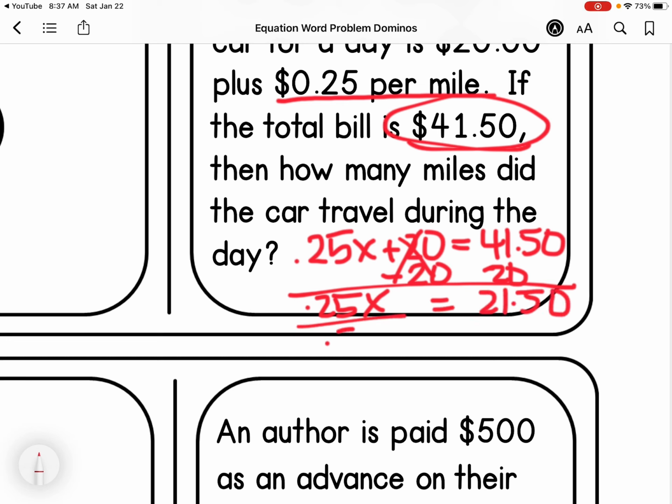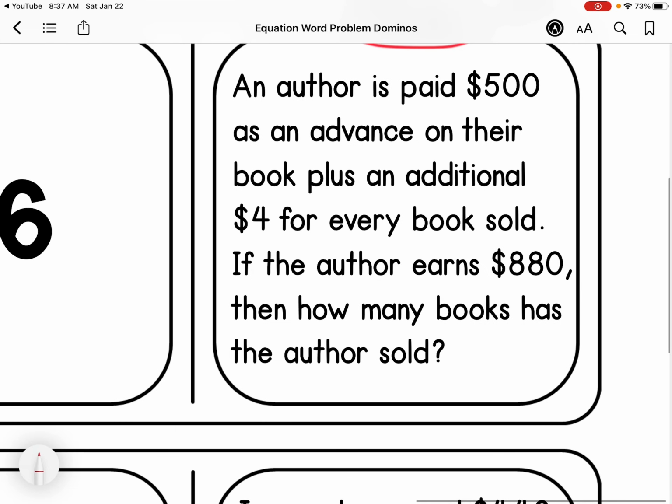So now I'm going to divide by 0.25 on each side. I'm going to use my calculator. $21.50 divided by 0.25. I get 86 miles. So x equals 86.